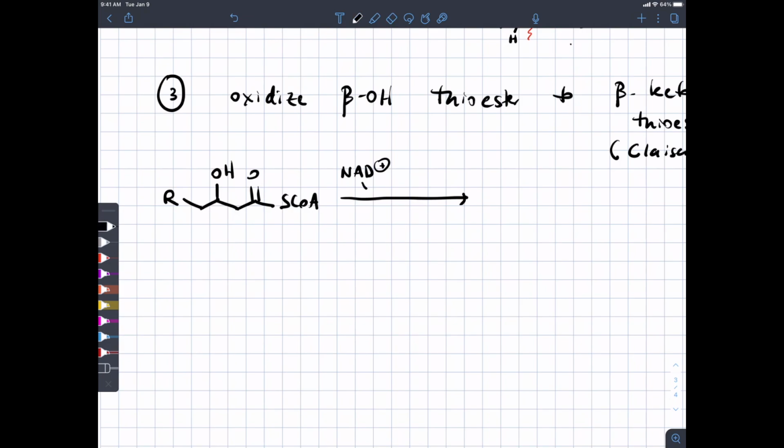You can go to your notes from last time and see this, and we're going to write it the same way that the biochemists do. Understand that basically what's going to happen here is that a base is going to remove this proton, and then this hydride is going to be delivered to NAD+.